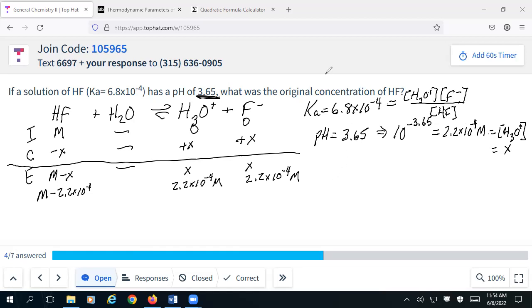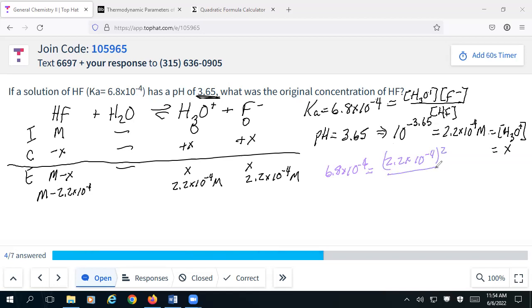So 6.8 times 10 to the negative fourth is equal to 2.2 times 10 to the negative fourth squared.